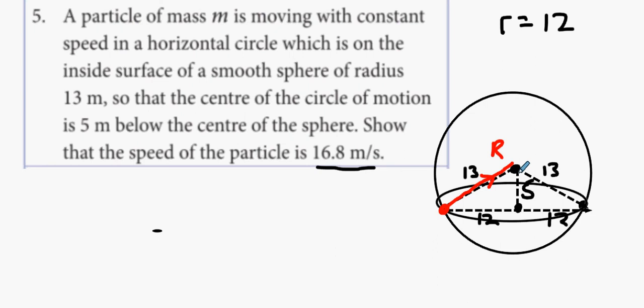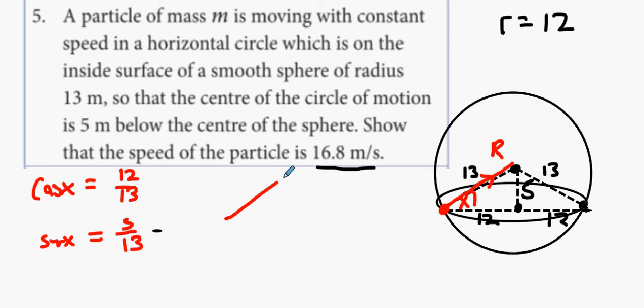So we're going to resolve R up and down. What do we say cos x and sin x are there? Cos x is 12 over 13. Sin x is 5 over 13.